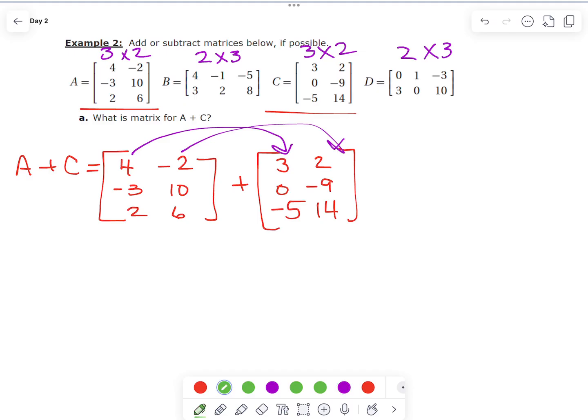So here's how it's going to look. So 4 plus 3, -2 plus 2, -3 plus 0, 10 plus -9. So now I'm here. Just did those. Now I'm going to go 2 and -5.